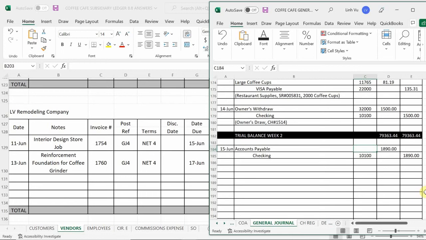And accounts payable is 2000. Okay, well, 20,000. Good.